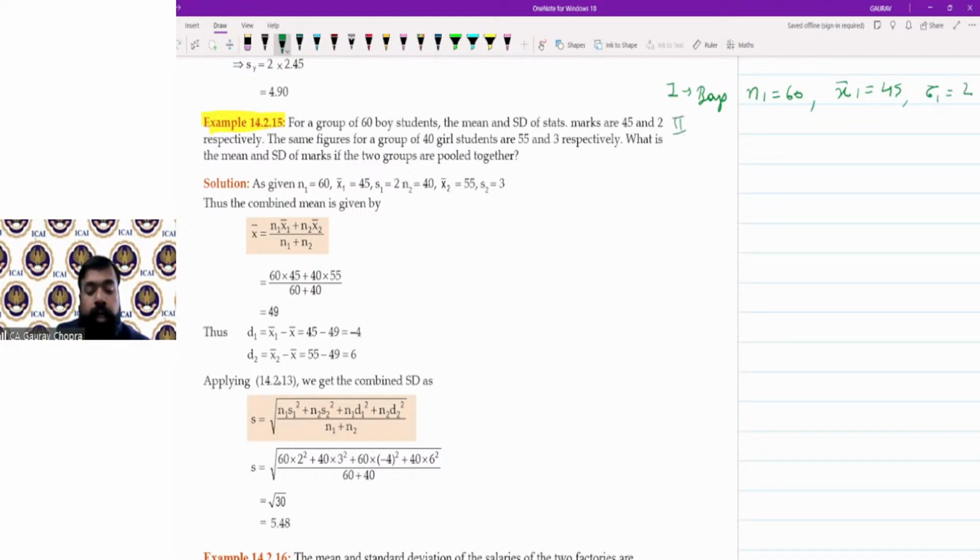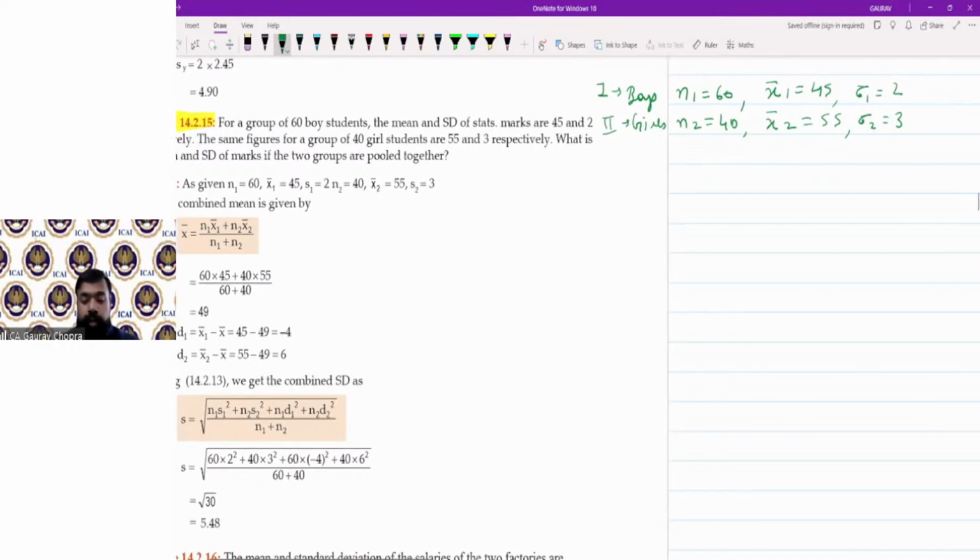Now second group denote girls. So girls is N2. N2 is given how much? 40. Then mean. Their average marks are 55 and standard deviation is 3. Now what is the requirement? What is the mean and standard deviation of marks if the two groups are pooled together?